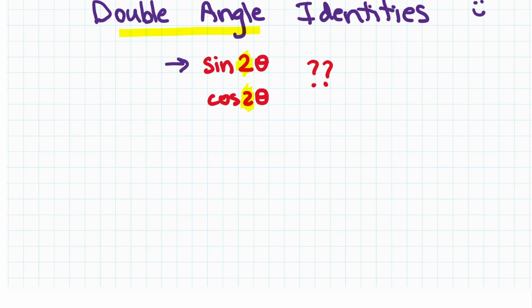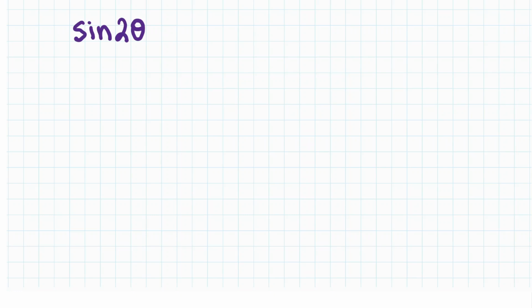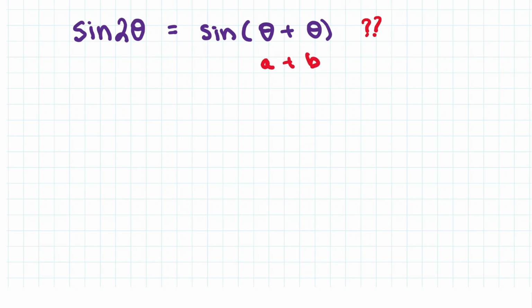Let's start with sine 2 theta. So we have here, like I said, sine 2 theta. And what is the identity for this? Well, let's rewrite this as sine of theta plus theta. And does this look familiar? If you understand compound angle identities, you can see that essentially we have a sum A plus B. We have two angles within the brackets of our main angle.